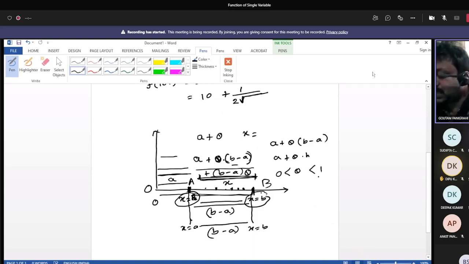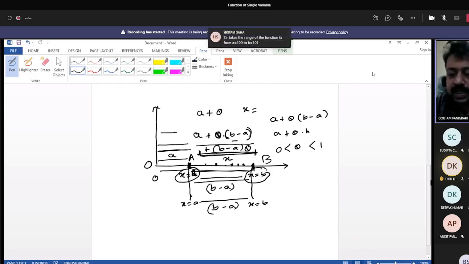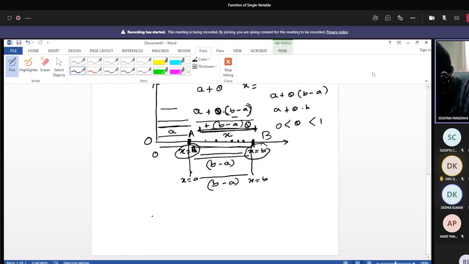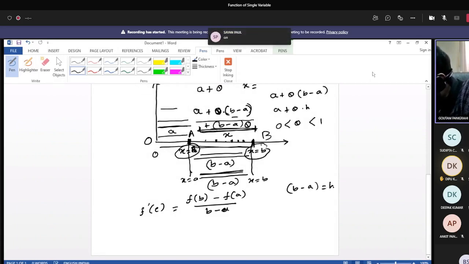Then you have to apply the concept of Lagrange's mean value theorem. Lagrange's mean value theorem tells that f dash c, where c is an intermediate point, equals fb minus f of a by b minus a. Now you have assumed that b minus a equals h.